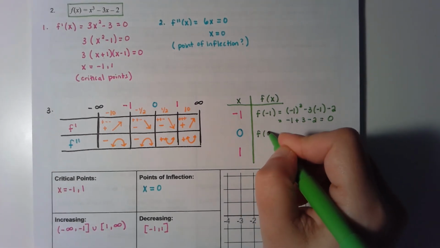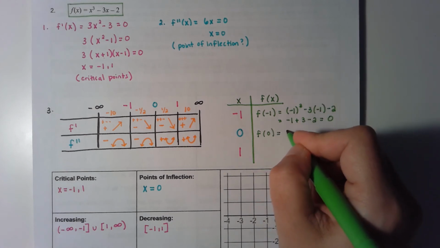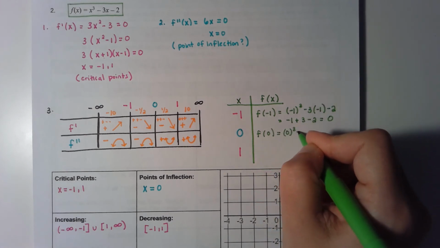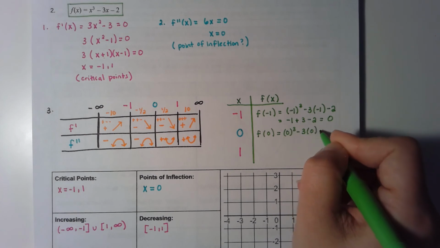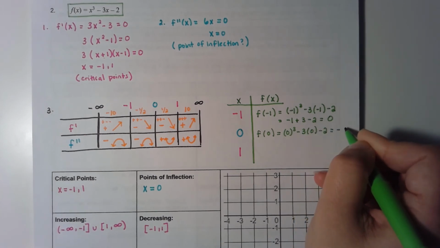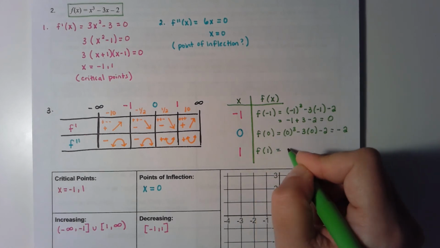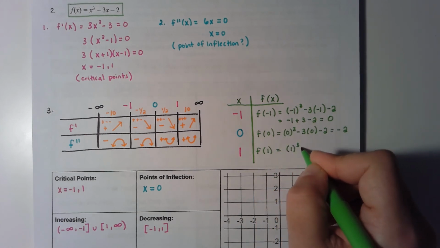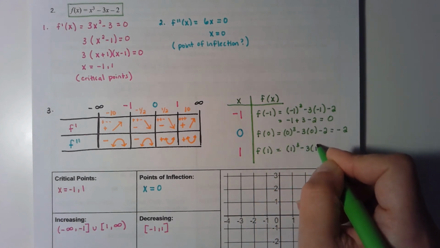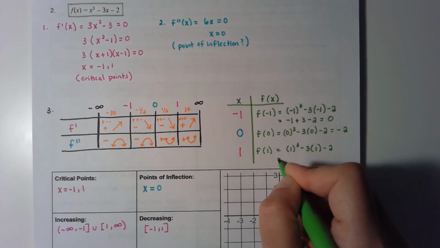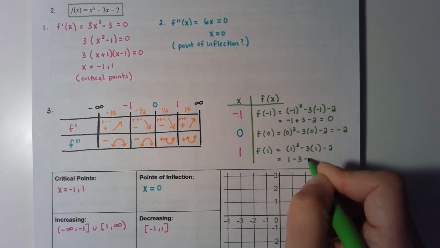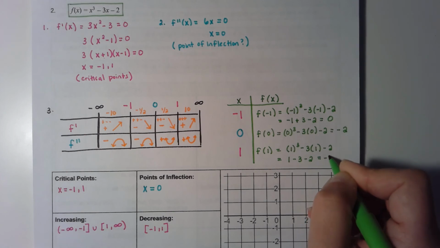So f of 0 would just be 0 cubed minus 3 times 0 minus 2, which is just negative 2. And then I'm going to find f of 1, which is going to be 1 cubed minus 3 times 1 minus 2, which is going to be 1 minus 3 minus 2, which is negative 4.